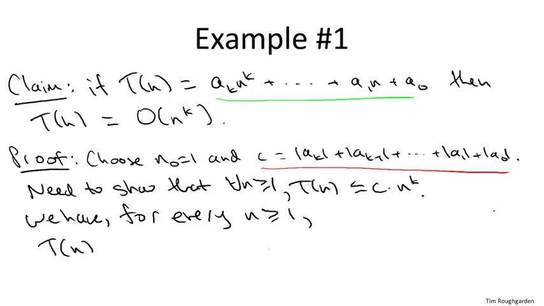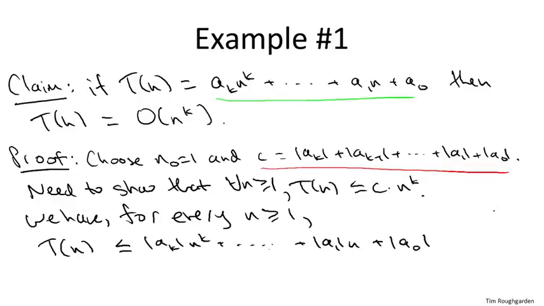Now, n here we know is at least 1, so if any coefficient flips from negative to positive, then the overall number only goes up. So if we apply the absolute value to each of the coefficients, we get an only bigger number. So T(n) is bounded above by the new polynomial, where the coefficients are the absolute values of those that we had before.